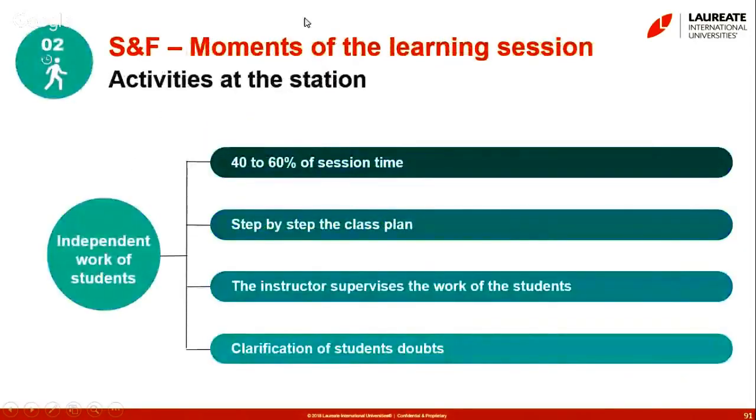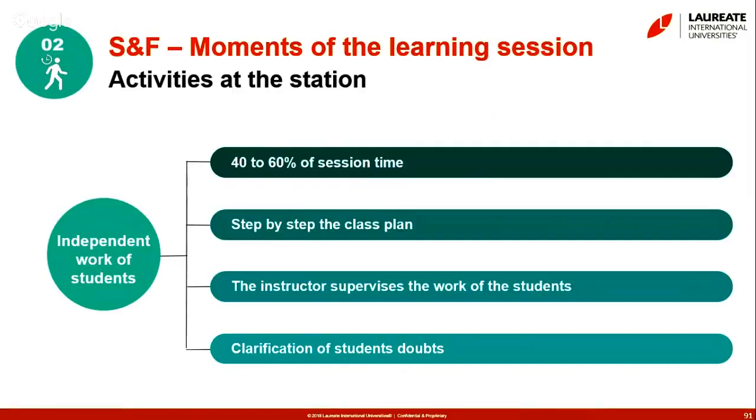In step 2, which is around 50% of the session time, the students are going to work in an independent way. For that, they need to have a very detailed guide. They need to follow a step-by-step in the class plan.